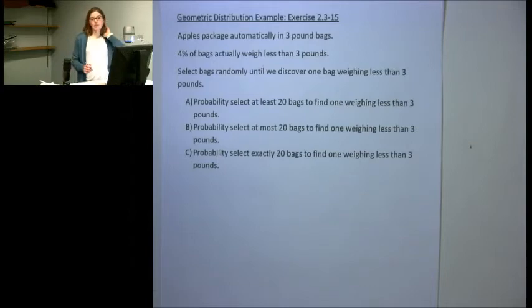So the first thing we have to think about is what we're going to define as success and failure. We're looking to go until we have one that weighs less than 3 pounds. So that is our first success, right? Even though it doesn't seem like a success to have one that's less than 3 pounds, that's what we're going to call success in this example.